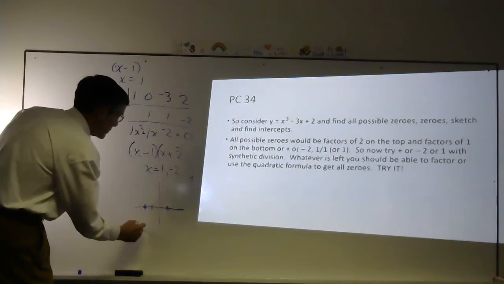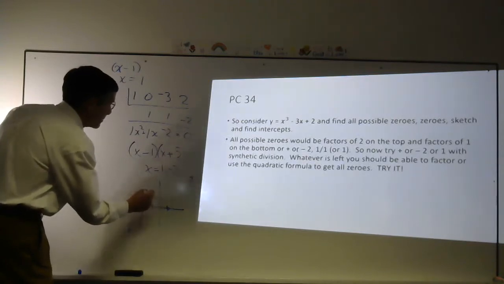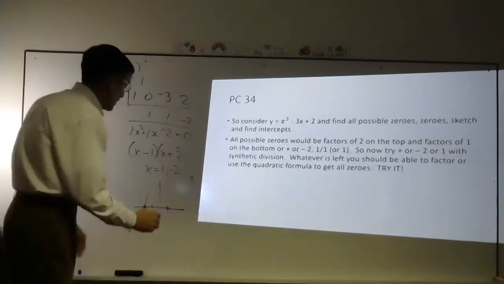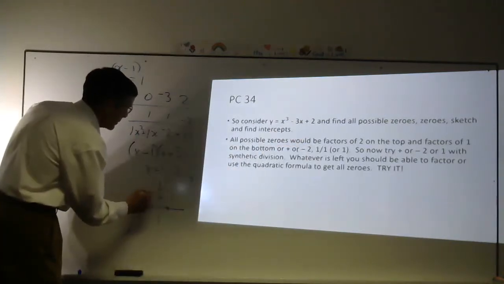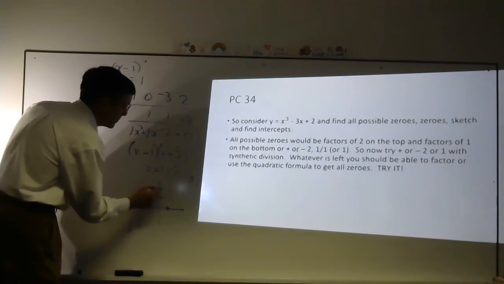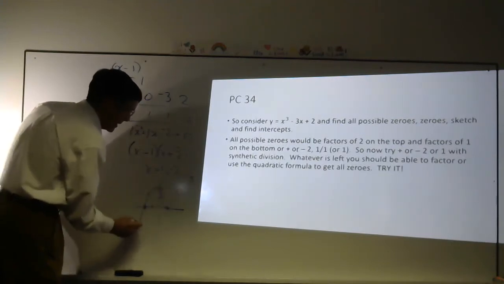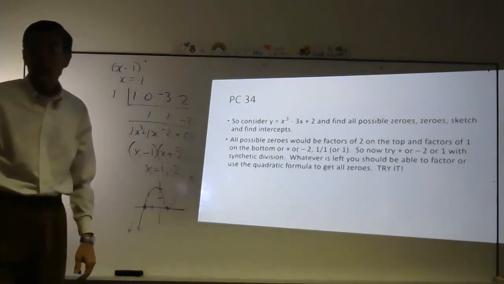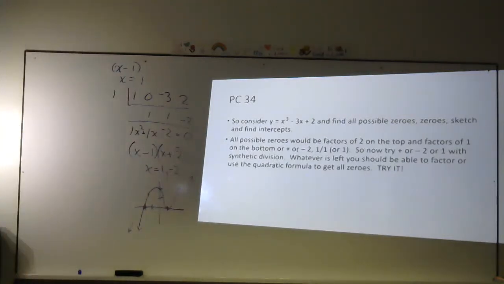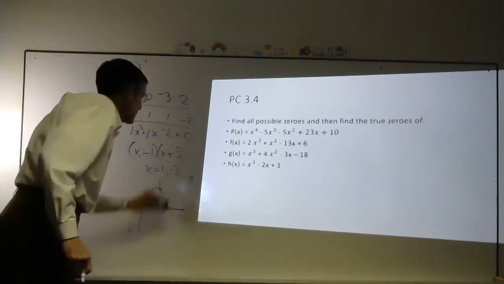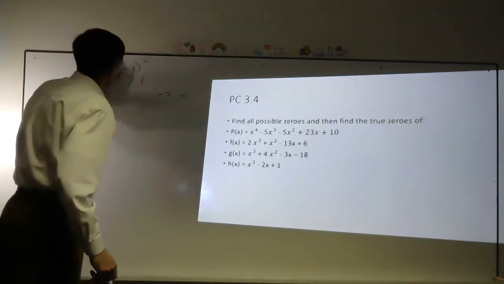So this curve comes up. We could even find where it hits the y-axis, put 0 in, it's going to hit at 2. So it comes up, it hits at 2, comes down and bounces and goes up again, okay? Beautifully simple and easy, okay? Let's try another one. This one is going to be much more interesting.